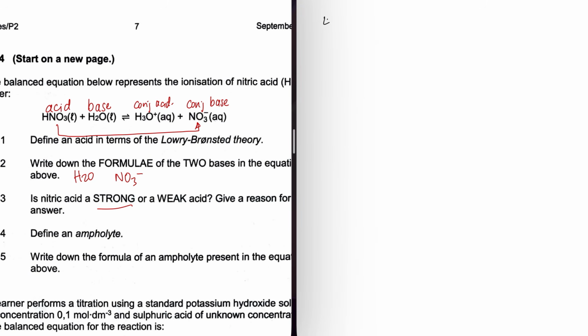So we'll say it ionized completely, and we also need to add the next part, which is to produce a high concentration of H3O plus ions.